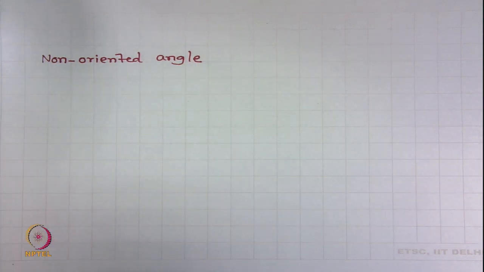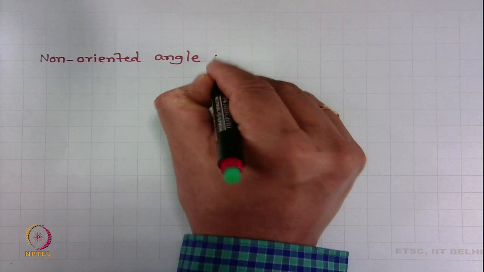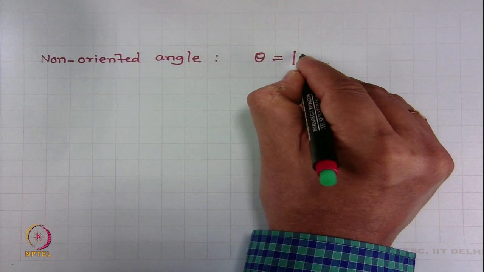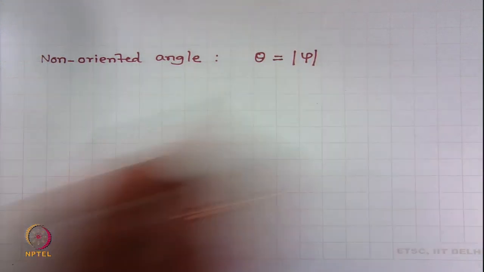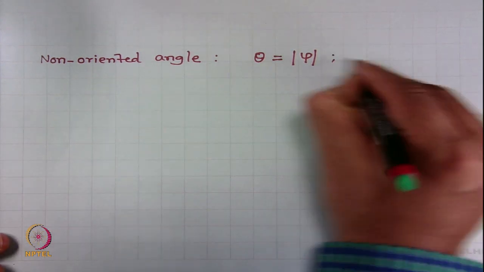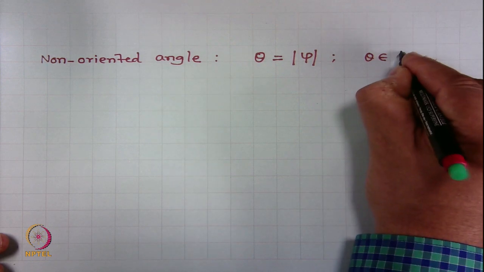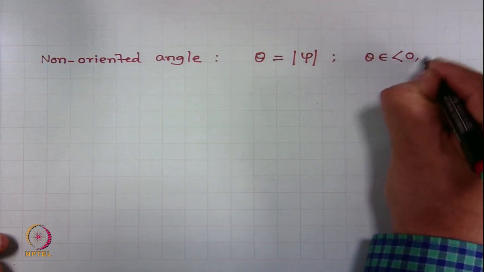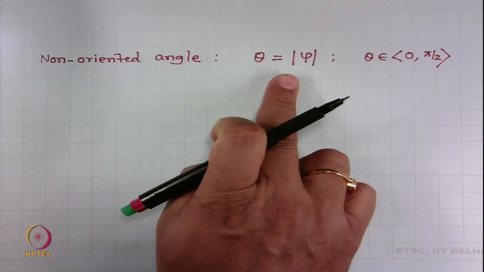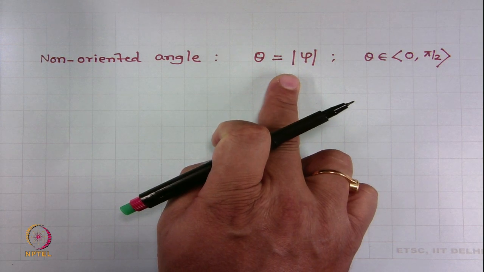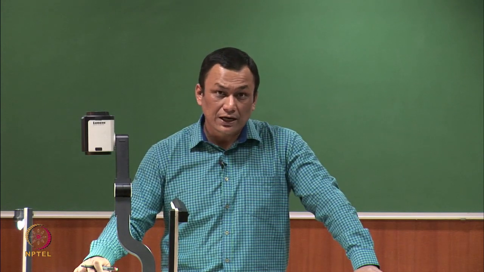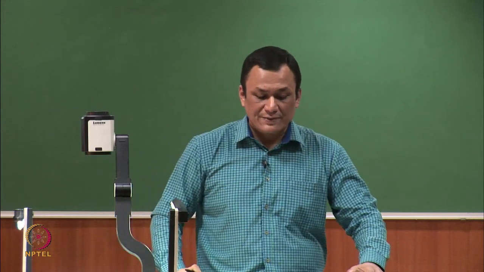Let us define this angle theta. This theta is the absolute value of psi. Then this theta ranges from 0 to pi by 2. So, by using this consideration, we can think about angles as positive angles from 0 to pi by 2.